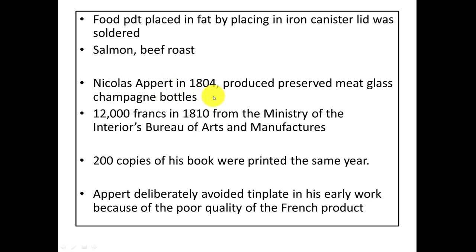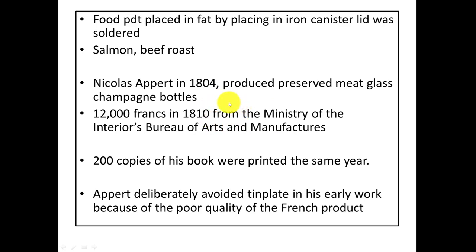If you look at the initial work of Nicholas Appert, he preserved meat using a container made of glass. In 1810, the Ministry of Interior's Bureau of Arts and Manufactures announced a prize of 12,000 francs to preserve meat for a longer time, and he earned that prize.